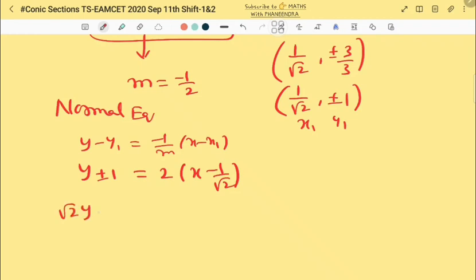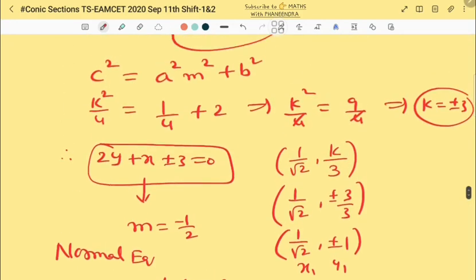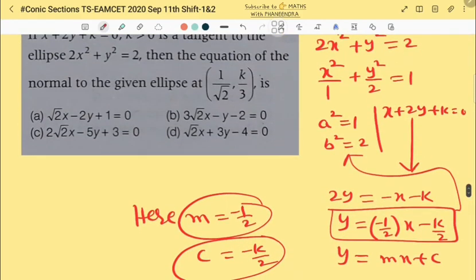Root 2y plus or minus root 2 equal to 2 into root 2x minus 1. So 2 root 2x minus root 2y minus 2 plus or minus root 2 equal to 0. This is the normal equation. We will find out which equation it is.